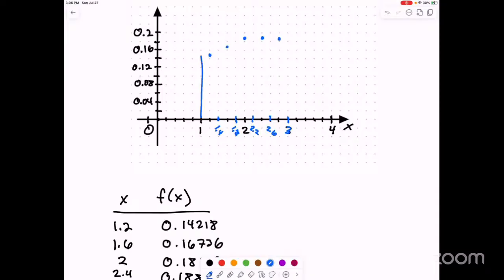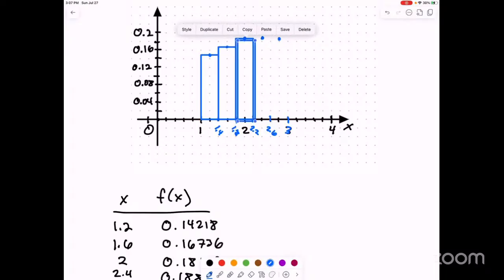We can just go like this. Duplicate. Duplicate. Duplicate.